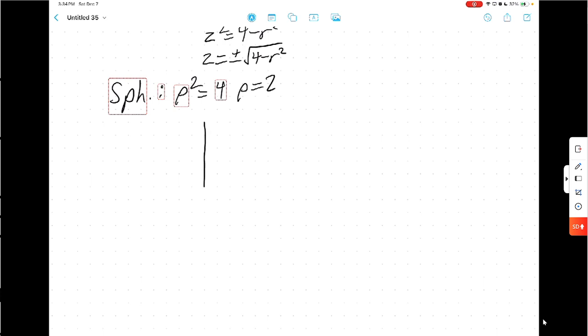So we're going to just draw whatever the cylinder is. I'm just going to draw this region. X, Y, and Z.